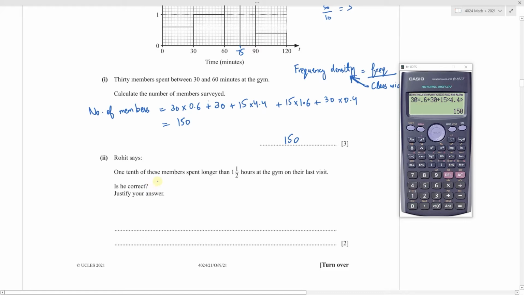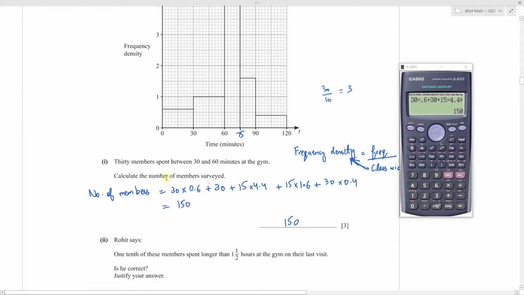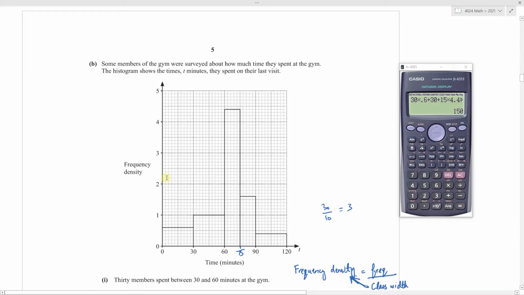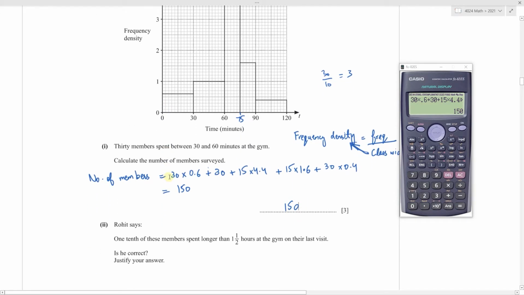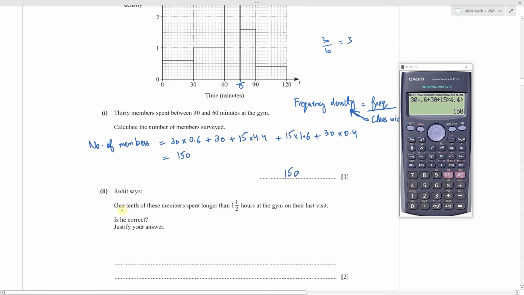Rohit says 1/10 of these members spent longer than 1.5 hours at the gym on their last visit. Is he correct? Justify your answer. So let's first calculate how many members are 1/10. 1/10 of 150 gives you 15 members.